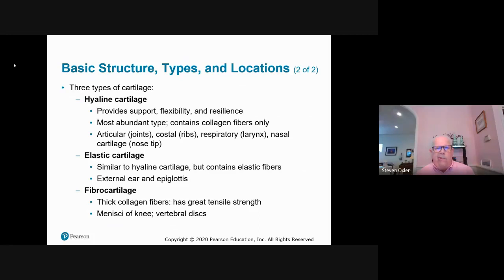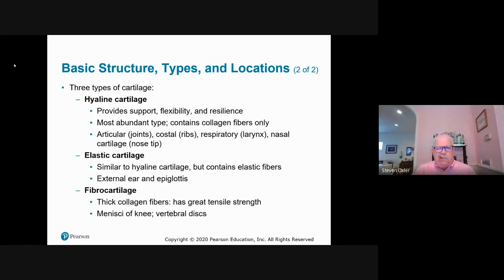Another cartilage is elastic cartilage. And as you remember, I told you that elastic began with an E, and so does where it is. It is in the external ear and in the epiglottis. And then the thickest and strongest of all cartilage is fibrocartilage, and it is in your knee and in your spine.